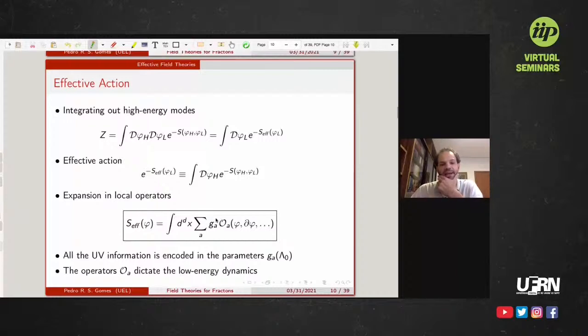And the important point here is that this action has some parameters. All the UV information is encoded in these parameters, the coupling constants of the theory, and the operators dictate the low energy dynamics of the theory. So the objects which we are interested in this seminar are objects like this, okay?